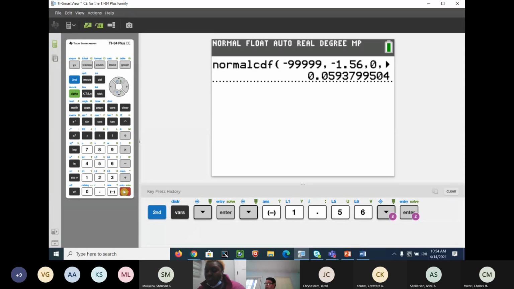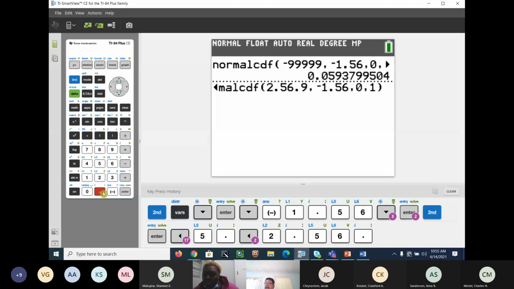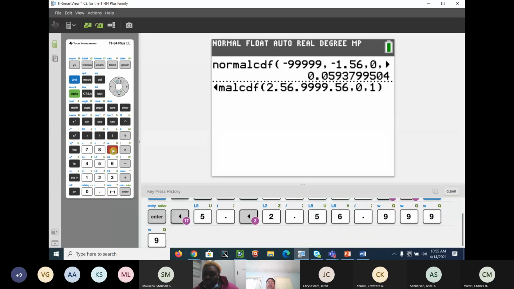Okay, now let's do the blue. I'm just going to hit second, enter, and change this to, which way do we read? Left to right, so 2.56 comes first. And I can't type. 2.56, comma, 9999. I'm just going to put a bunch of 9s till I get to that next comma.